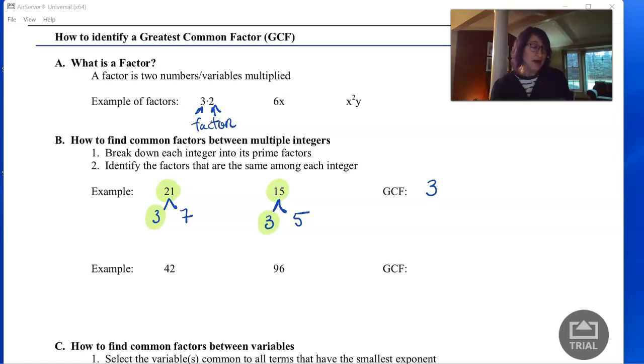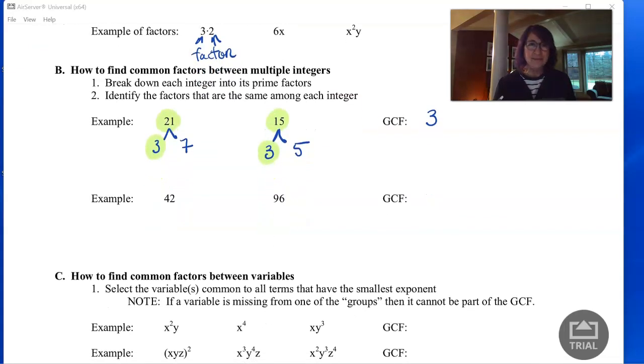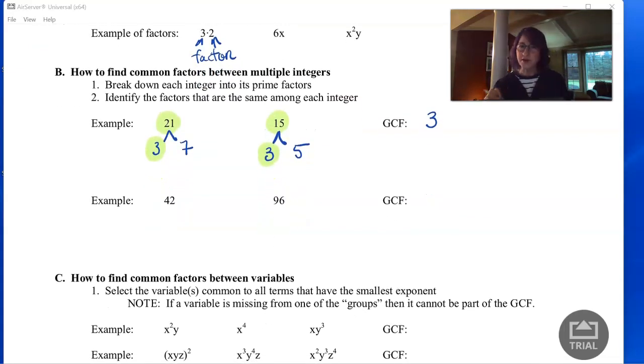All right, let's look at two numbers that maybe aren't as obvious for some people, 42 and 96. I'm going to start with the prime factor tree. You can start with any two numbers that you can multiply to get 42. For me, I think of 6 and 7. 7 is prime, so I'm going to circle that.